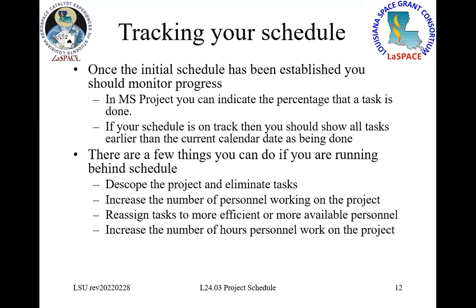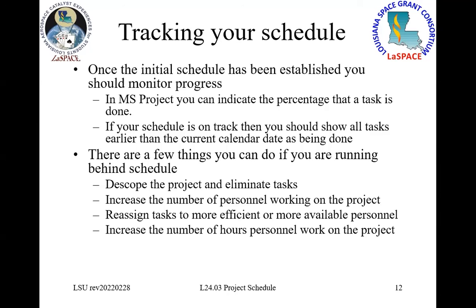If you are running into problems, then there are a couple of things that you need to consider doing. Descoping the project, eliminating tasks. So you originally proposed that you're going to be integrating 5 sensors. You're behind, so you can drop down to 2 sensors or 1 sensor, right?